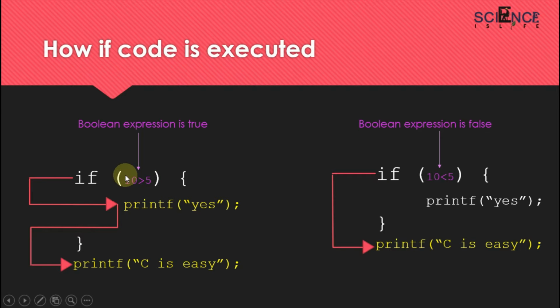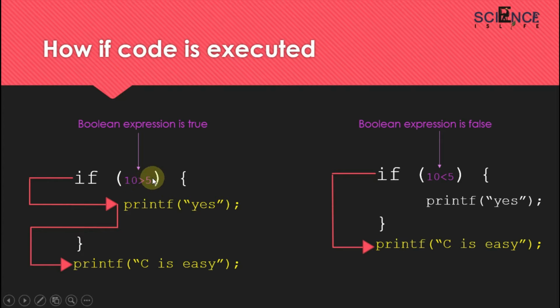This boolean expression may contain variables, values, or anything, but finally it should produce a boolean value, true or false. That is why we call it a boolean expression, right?